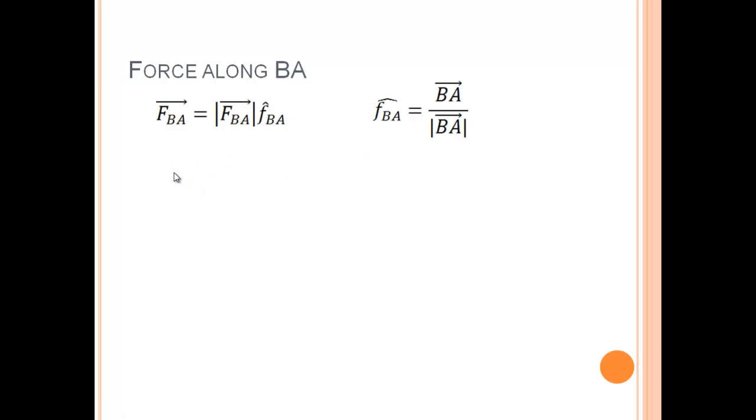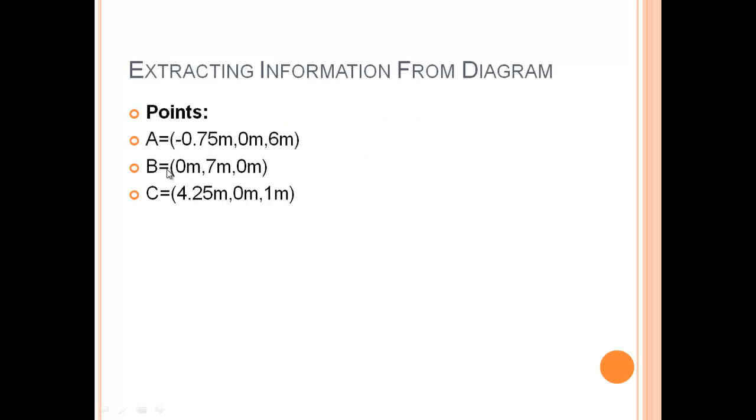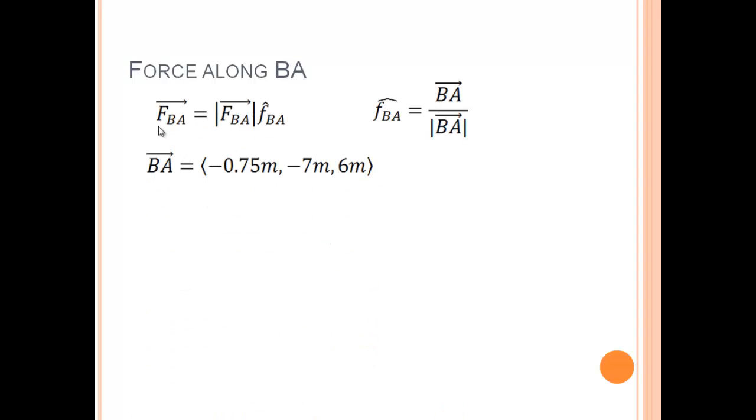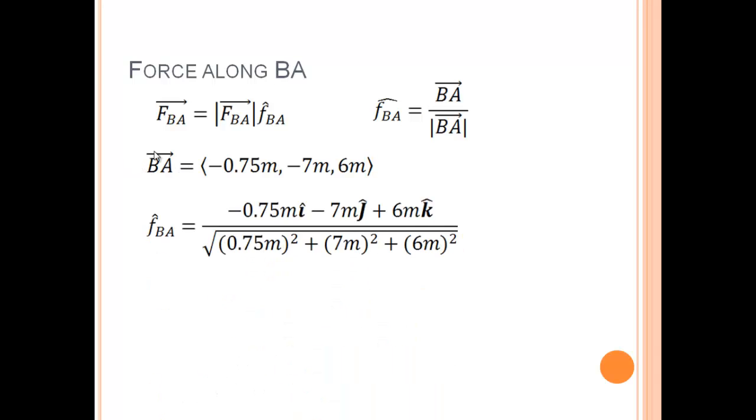Utilizing the points previously obtained, subtracting A from B, we obtain the points as follows. Through vector notation, we are given negative 0.75 meters in the I-hat direction and negative 7 in the J-hat, as well as 6 in the K-hat.